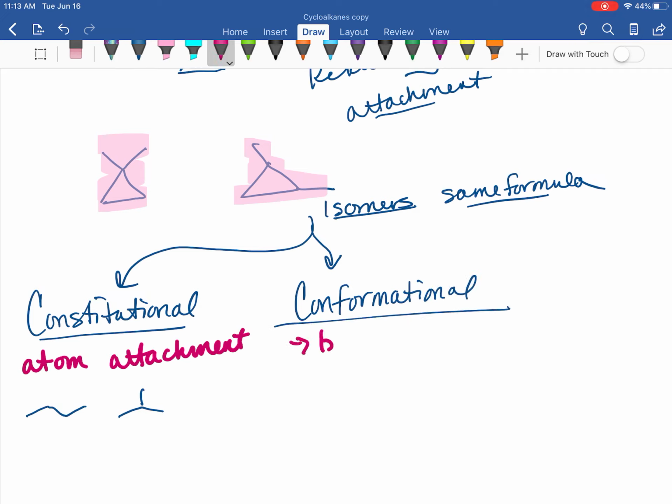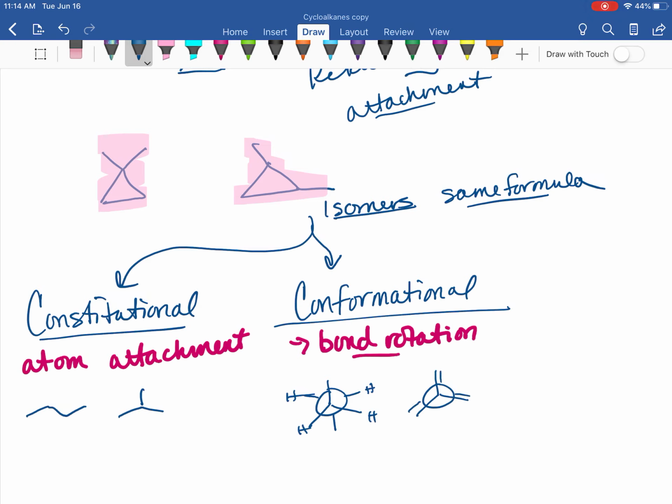These are a bond rotation. So we saw those in something like butane, where we considered our best and our worst energy conformation. Awesome. Okay.